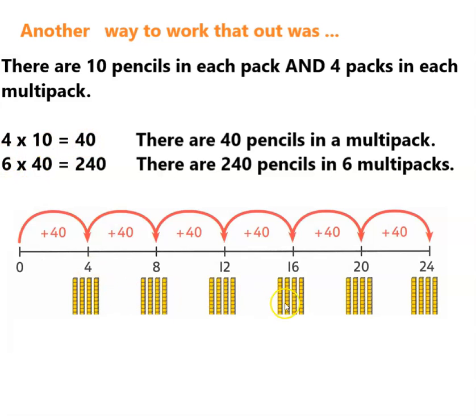Now, there are 6 groups of 40, so back to our multiplying, and it's 6 times 40, which is a multiple of 10. 6 times 40 is 240. You know that 6 times 4 is 24, and then we're putting our 0 into the ones place value, so there are 240 pencils in the multi-pack.